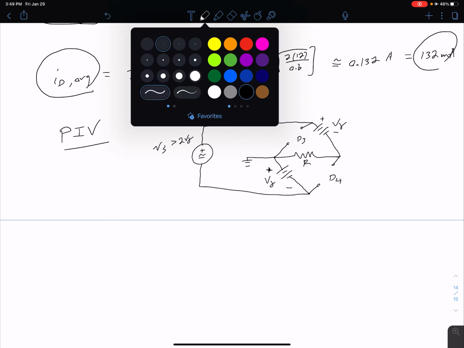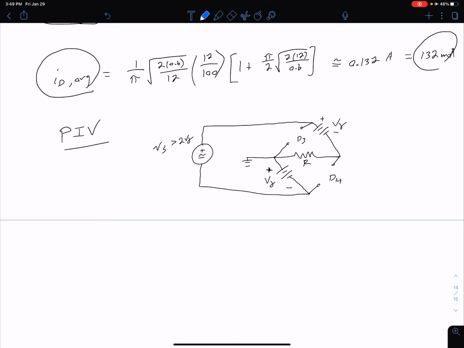Remember we had defined a VR previously. So our diode D3 looks like this, which means for our VR, the positive is going to be on the upper side of that. So this would be our VR, which is equal to our peak inverse voltage if we have a positive value for that.